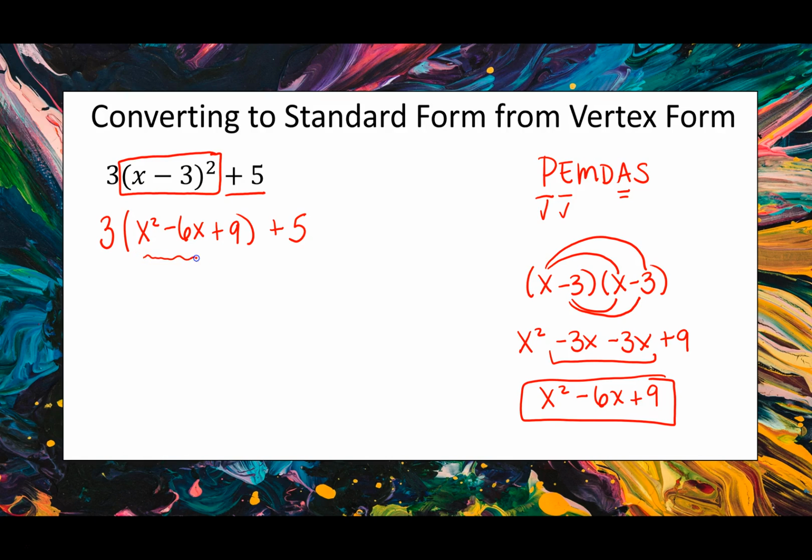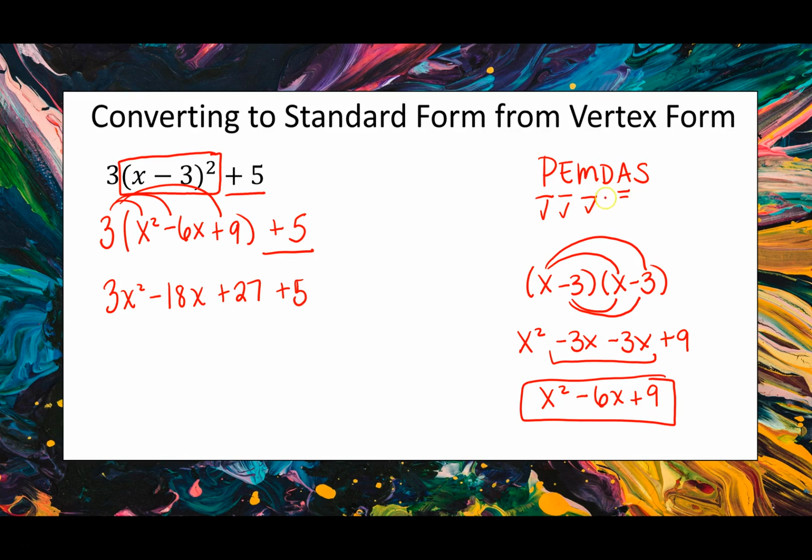There's nothing I can do in parentheses. That is already simplified, there's no like terms. We've done our exponents. Now we've got to do multiplication, so that's going to be distributive property. That gives me a 3x squared minus an 18x plus a 27, and then don't forget about this plus 5, just writing that down again.